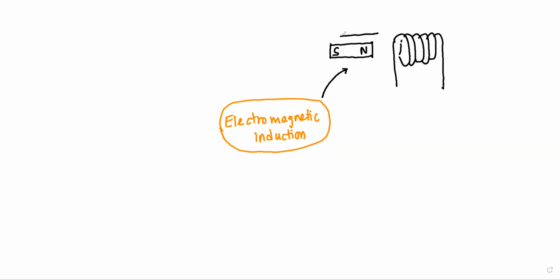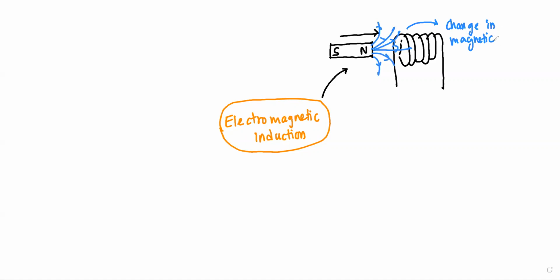So basically we move a magnetic field in and out of the coil, so that the magnet creates a change in magnetic field. This is very important, that it has to be a change. If it is a constant magnetic field, we won't be able to do the induction.